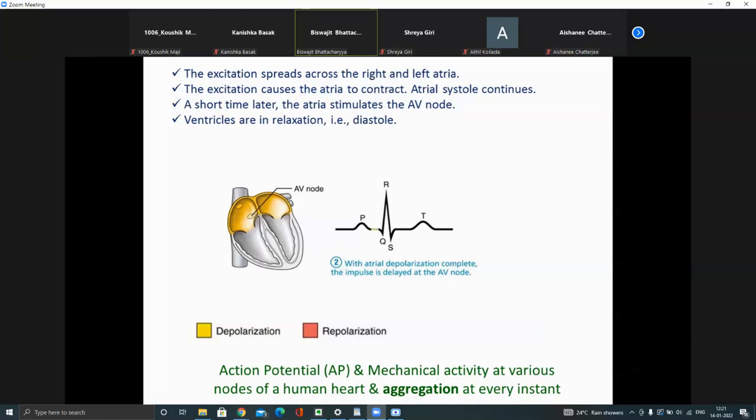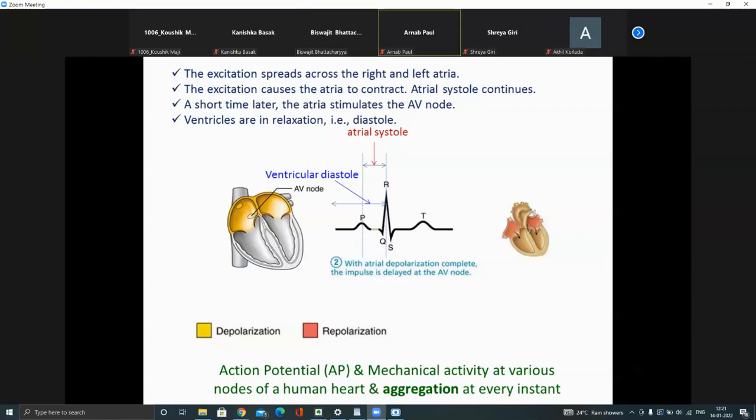Ventricles are already in relaxation, that continues there. Therefore, the blood is still entering from the atrial region to the ventricles. So this part is still there, this particular region.